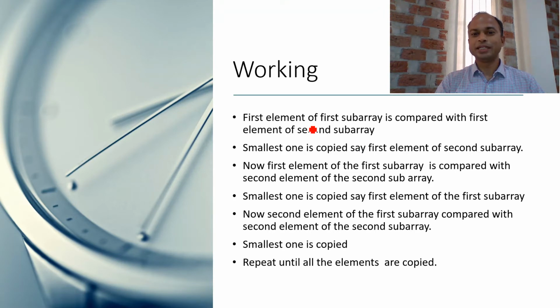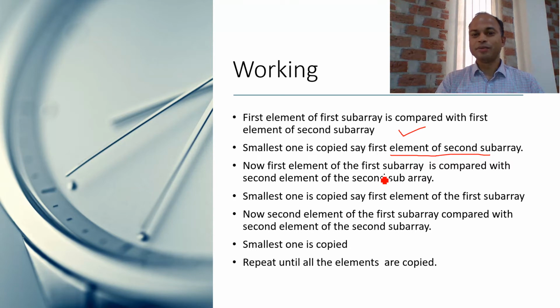What we are doing here is comparing the first element of the first subarray with the first element of the second subarray. The smallest one is copied into a third array. Say the smallest one is the first element of the second subarray.